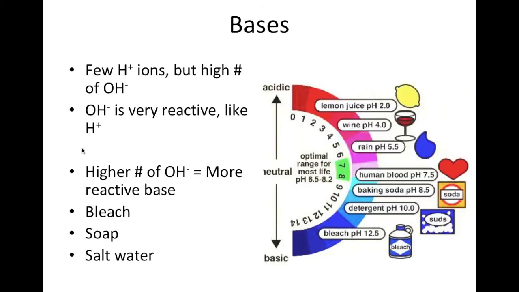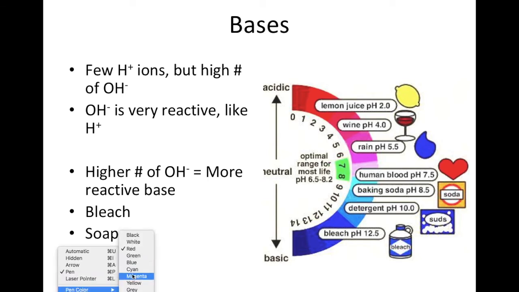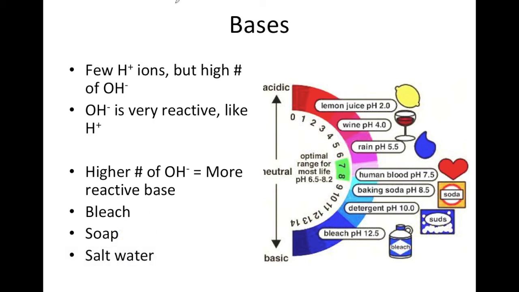Okay, now let's go ahead and talk about bases, because in some ways they are very similar to acids, and in other ways they are like the polar opposite. So I'm going to change my pen color to reflect that. So the ion that mainly we find in bases is OH minus. So it's an oxygen and a hydrogen atom bonded together, and they have a negative charge. So in bases you have very few H plus ions, but you have a high number of these OH minus ions.